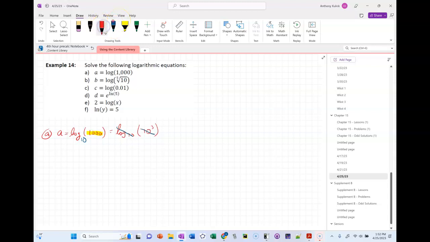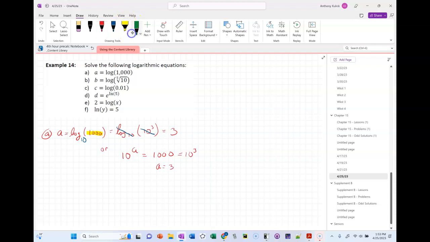So the log base 10 and the exponent base 10 can cancel, leaving me with a 3. Or I could write this as the exponential equation 10 to the a is equal to 1,000. And 1,000 is 10 to the third, so a would be 3. Either way of thinking about it is fine.